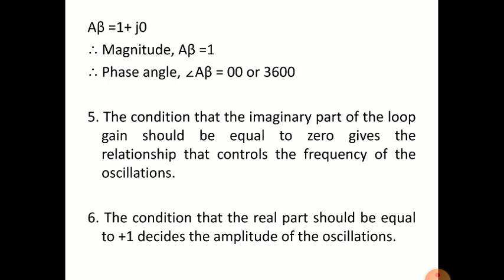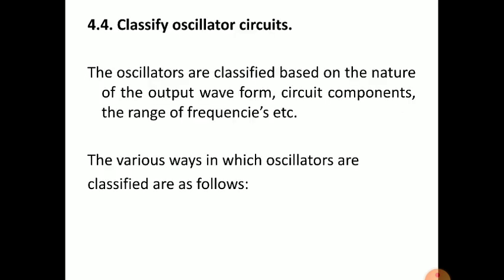So from A beta we get the amplitude and frequency, which are the most important points to be considered in the output waveform. Both frequency and amplitude should be maintained constant throughout the experiment.